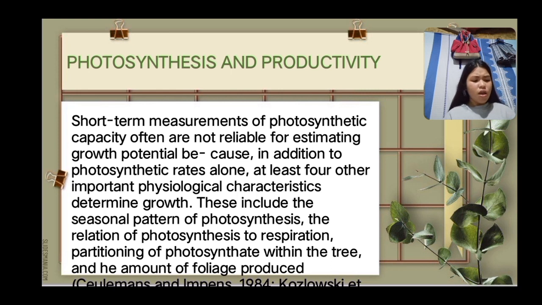So dili lang photosynthesis ang importante, but also the respiration. If mangutana mo if nahitabo ba gyapon ang respiration, well, yes, mahitabo siya, but respiration occurs all through the day but becomes evident at night time in plants.